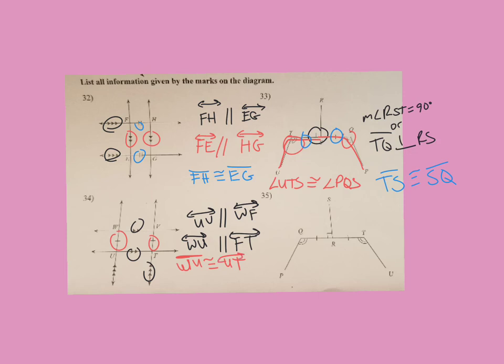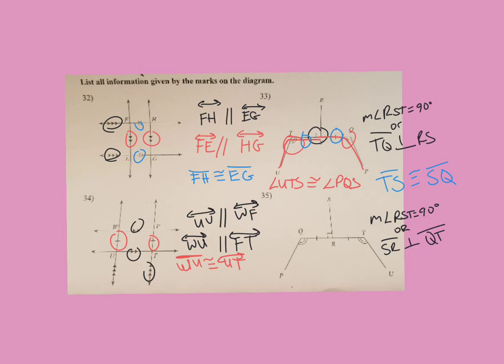Finally, 35. Very, very similar to 33. So the measurement of angle RST equals 90 degrees. Or, like I said, you could say segment SR is perpendicular to segment QT.